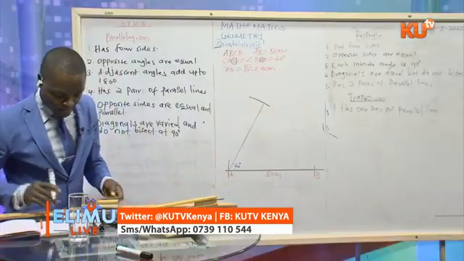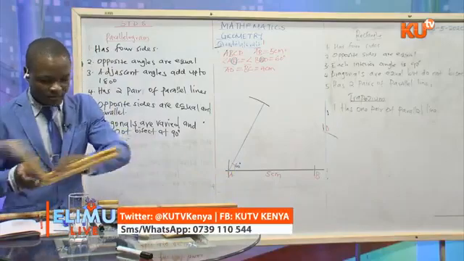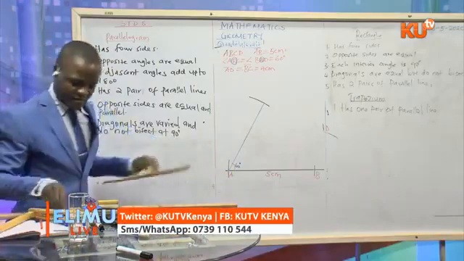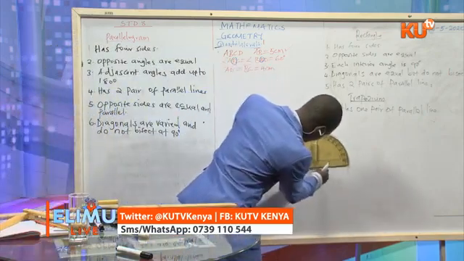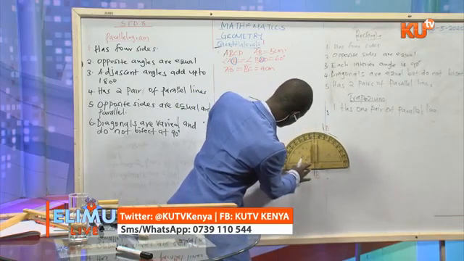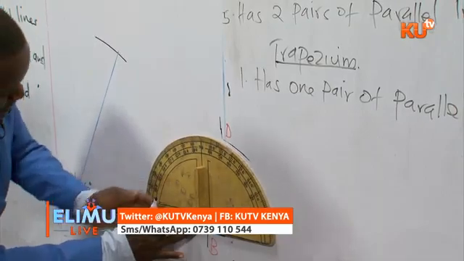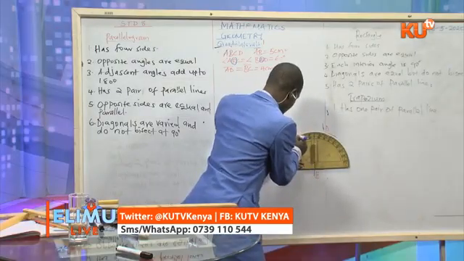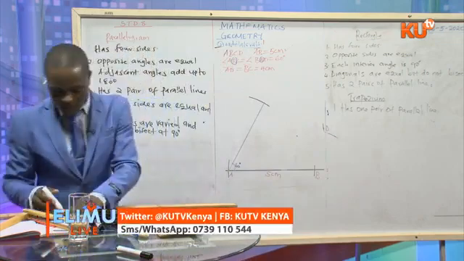And then also, we measure 60 degrees from B. This time round, we are using the outer scale. So it's reaching at this point. Put the dot.